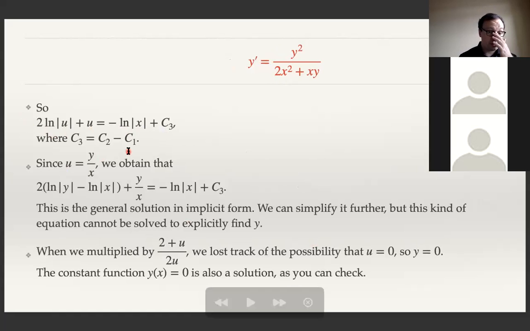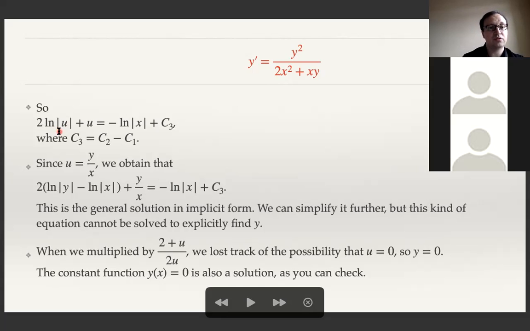Unfortunately, at this stage, I can already tell that we are not going to be able to solve this equation explicitly for u. We are only going to be able to solve it implicitly. So this is the implicit solution of the equation in terms of u.